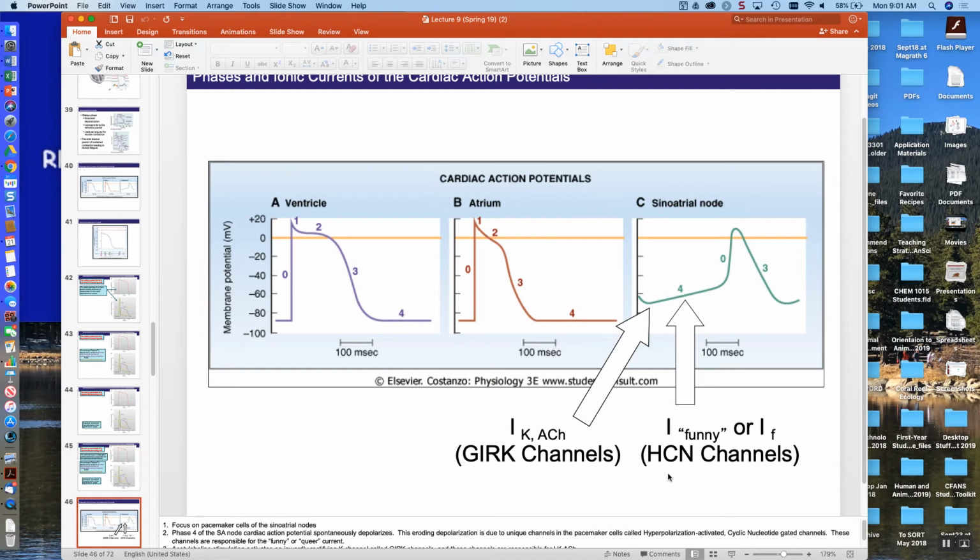You guys know that with the Gi and Gs pathway. And these are literally called the funny channels. This was funny strange, not funny haha, because it looked strange. It was a very strange channel. These are known as your pacemaker channels.